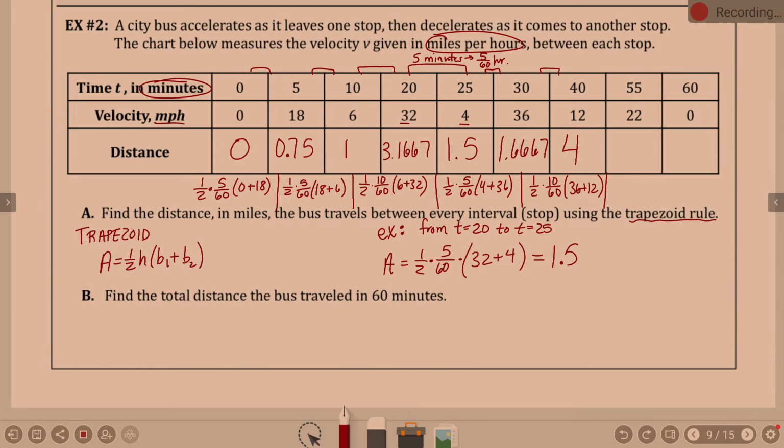So what's my next interval? 15. One half, 15/60, 12 plus 22, which is 4.25. And last one. That's only 5. Oh, we jumped back down to 5, huh?